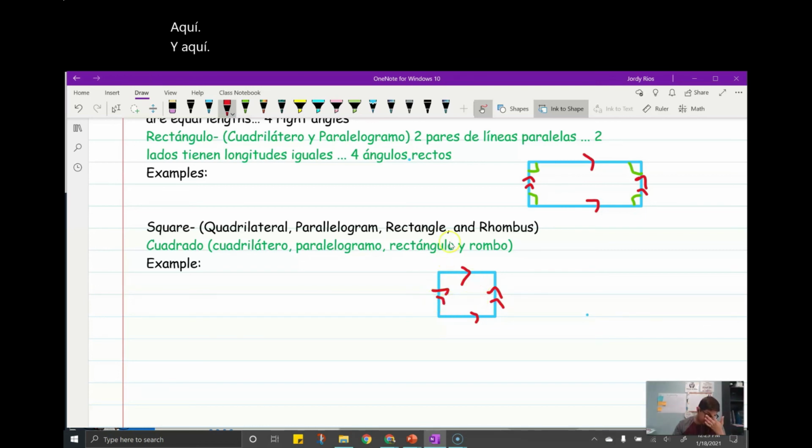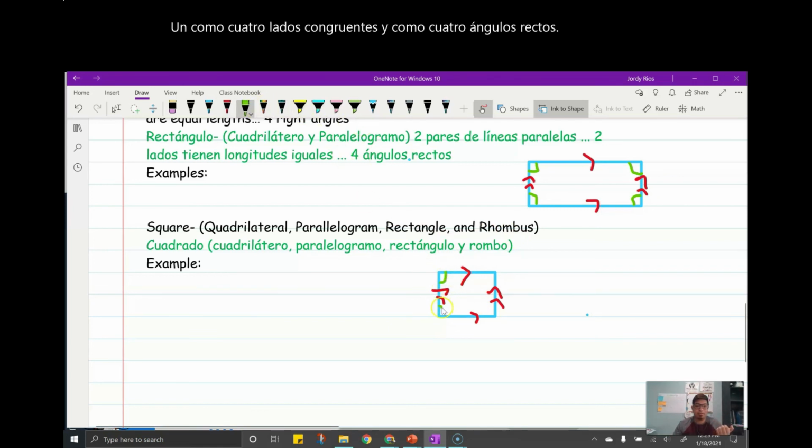It has four congruent sides and four right angles, here, here, and here. But those are the common quadrilaterals.